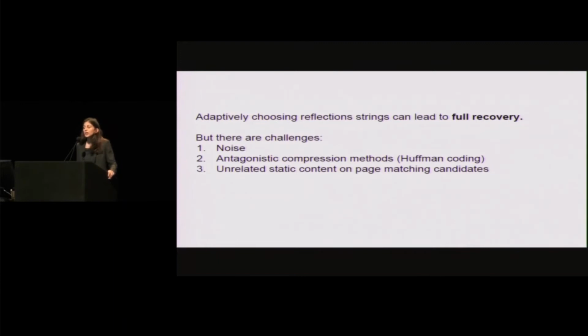The second is compression methods. The attack really works against the LZ77 compression algorithm, but most websites use gzip, which is a combination of LZ77 and Huffman coding. So the way Huffman coding works can alter our predictions about the length of the response.